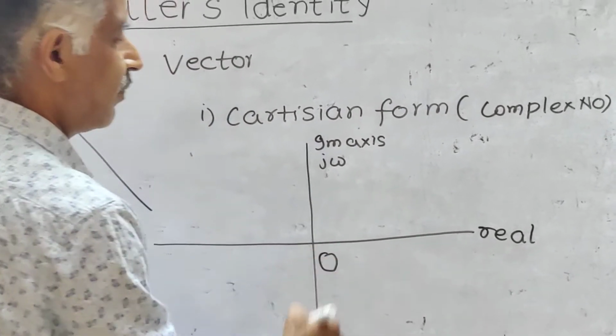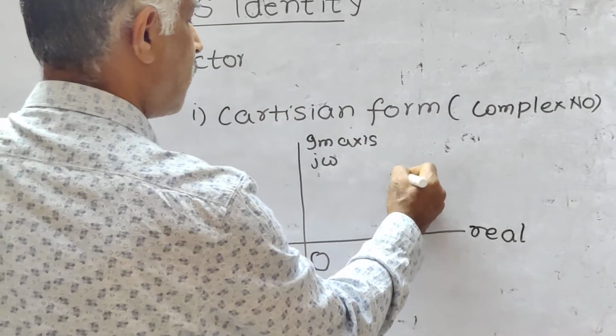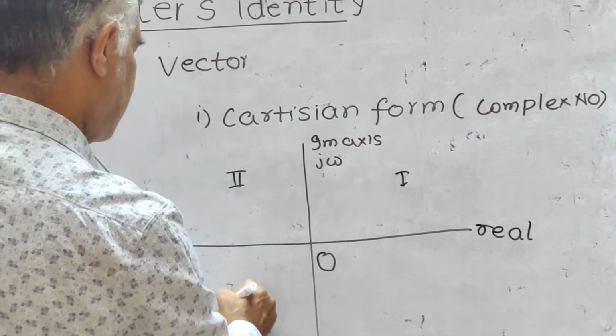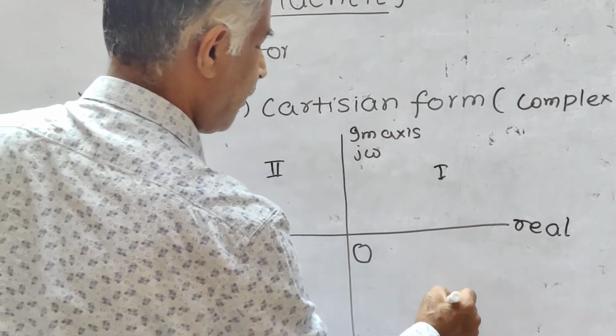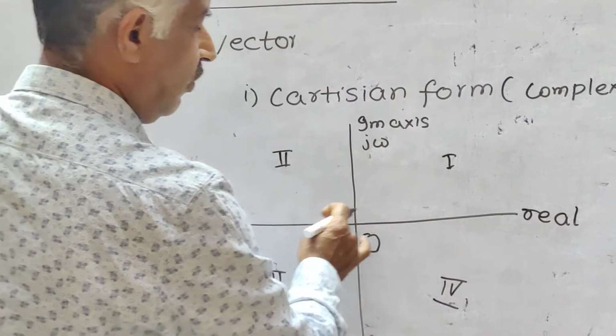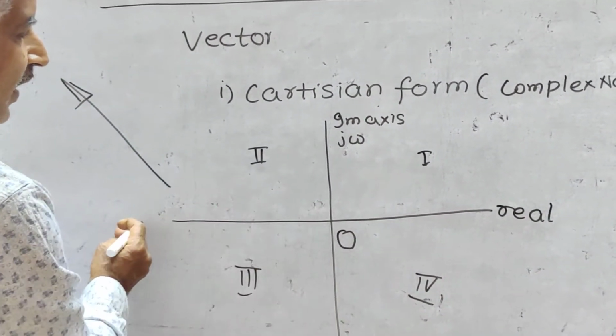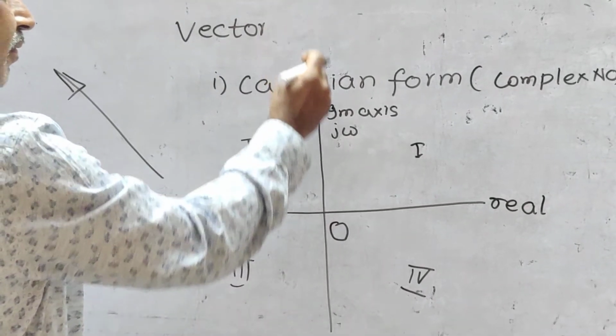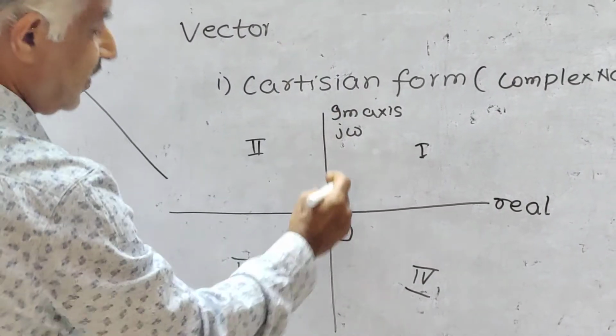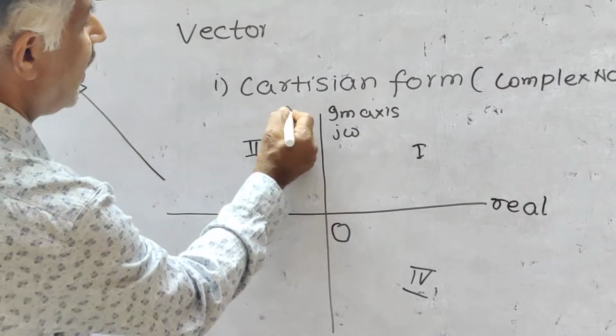This is the origin. So this is the first quadrant, second quadrant, third quadrant, fourth quadrant. So positive values of real numbers, positive imaginary axis. This is the negative imaginary axis.